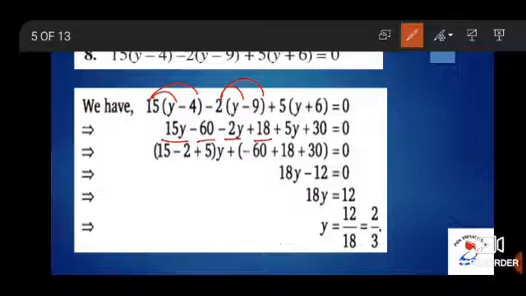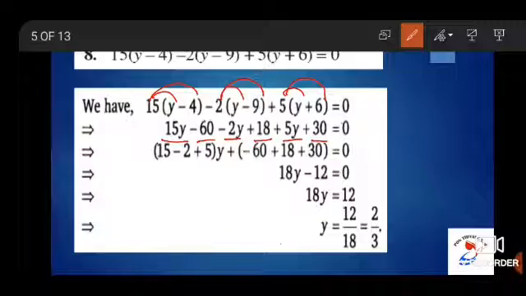So it is plus 18, then 5 multiplied by y, that is 5y, 5 into 6, that is 30. So this will be 15y minus 60 minus 2y plus 18 plus 5y plus 30 is equal to 0.